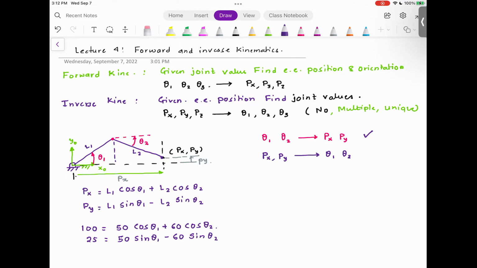Now, some of you may say, oh, two equations, two unknowns, right? This is again two equations and two unknowns. We should be able to solve this problem, right?